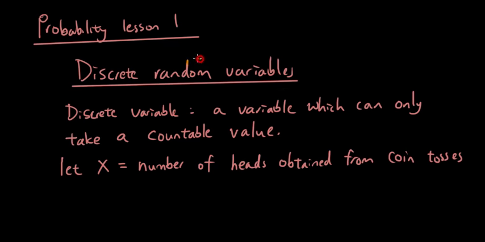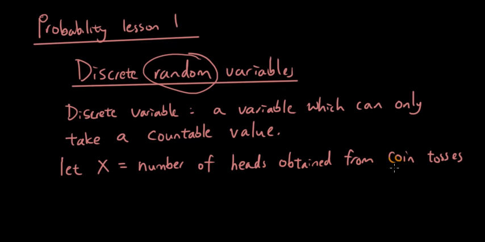Okay, so what does the term random mean? Random simply means that you can't predict what it's going to be. So with x, if you are running an experiment where you're tossing a coin, there is no way that you would know for sure how many heads you can end up with from, let's say, 3 coin tosses, right?